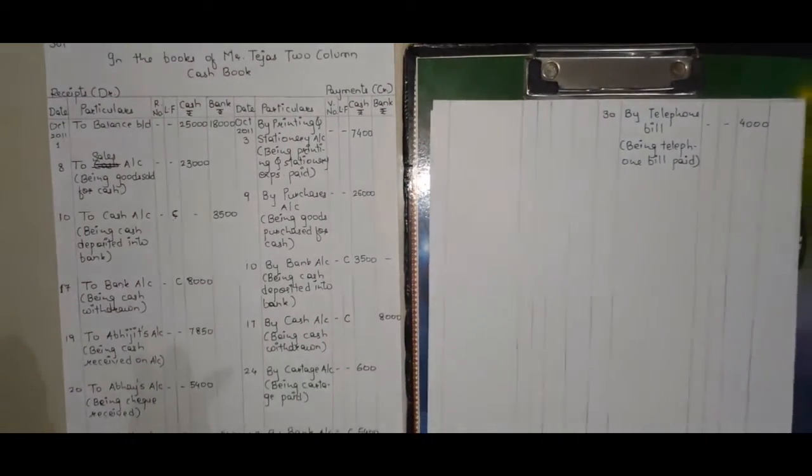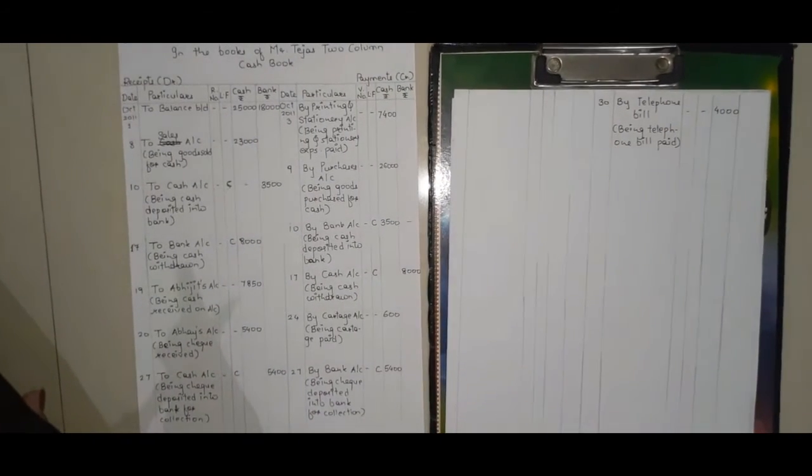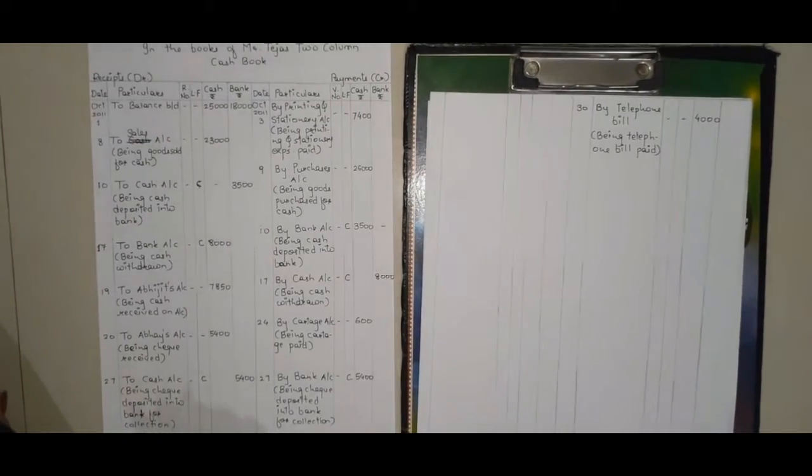Now we will firstly do the total of receipt side, that is first column, cash column. Now 25,000 plus 23,000 plus 8,000 plus 7,850 plus 5,400. So the total of all these amounts will be 69,250.